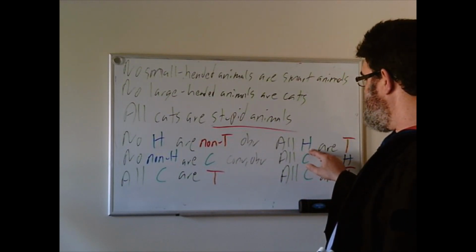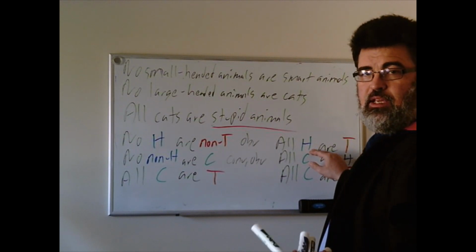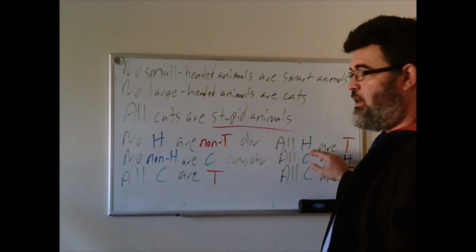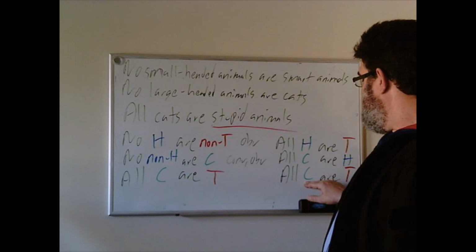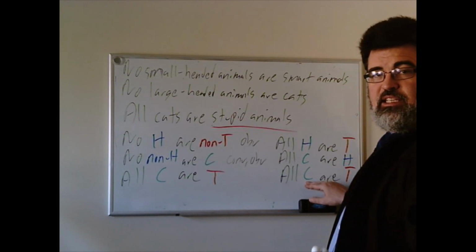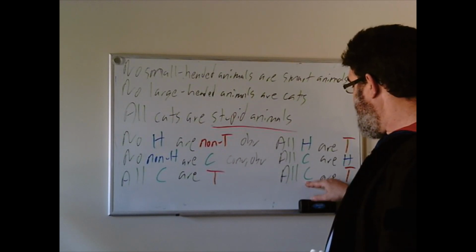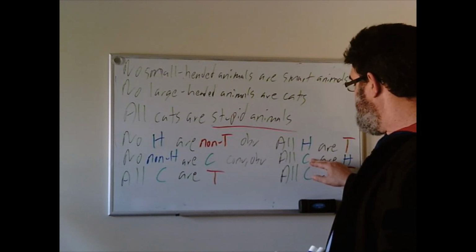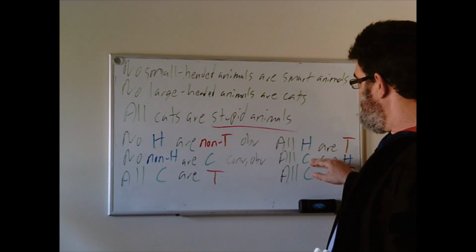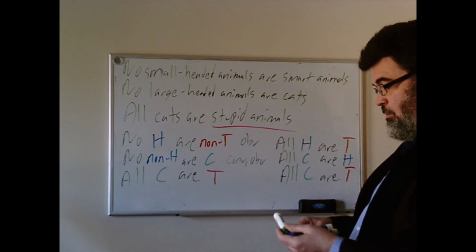My middle term is H. It's distributed in the major premise, so rule 1 is good. Of the terms in the conclusion, only C is distributed, so I have to look at the minor premise, and in the minor premise the C is distributed, so I satisfy rule number 2.